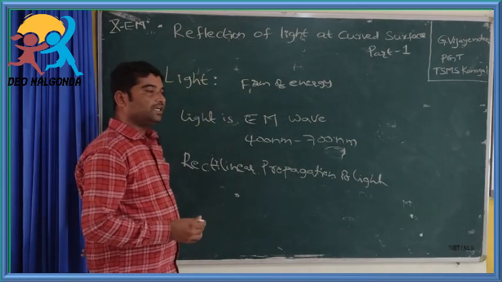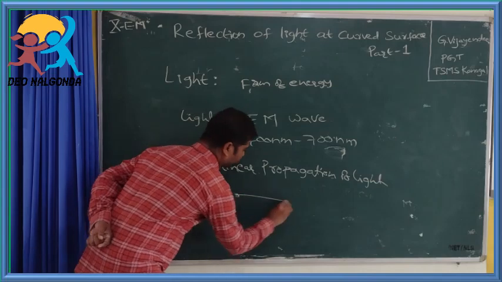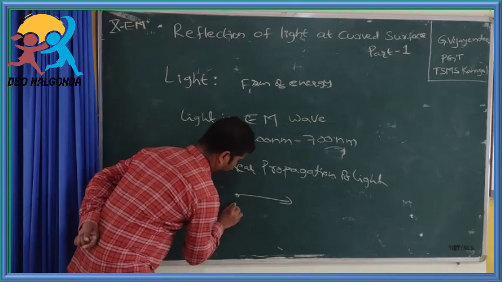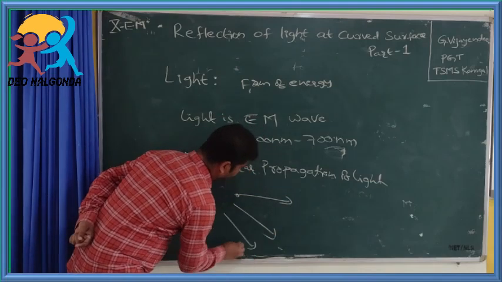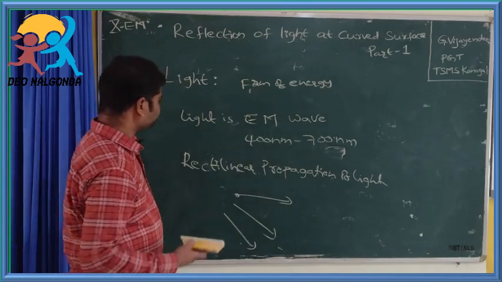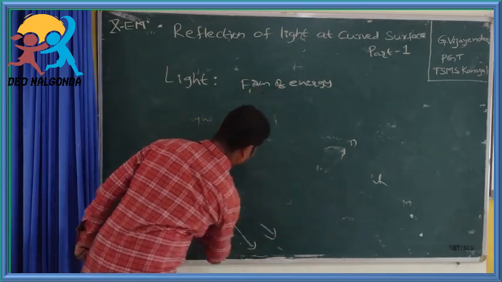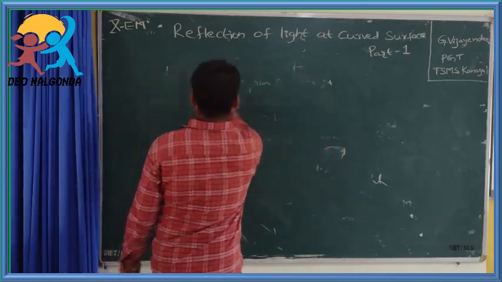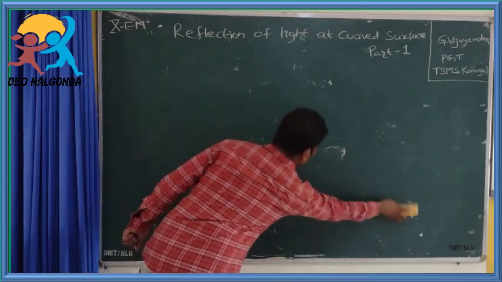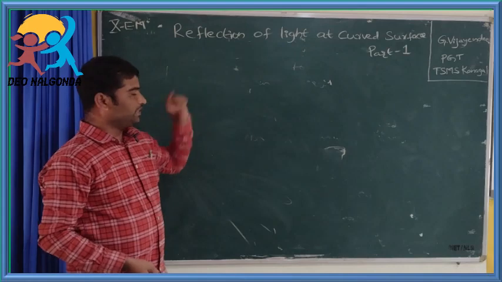Next, light always travels in the form of rays. If you observe, the light is always traveling in a straight line, and you can observe the rays like this. Here light is traveling in the form of rays.